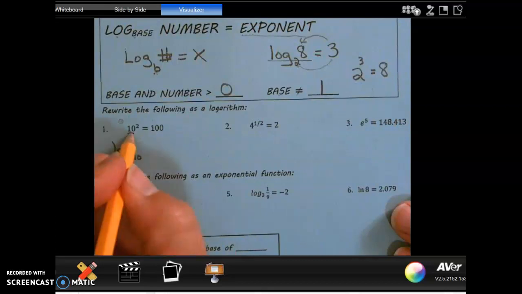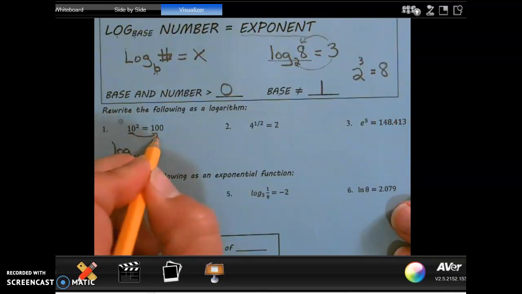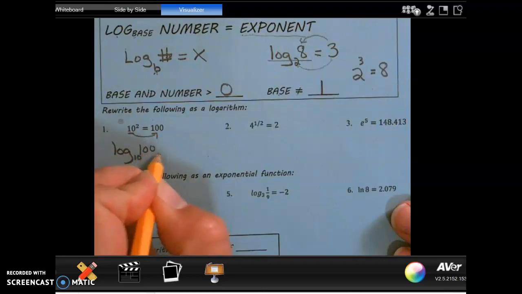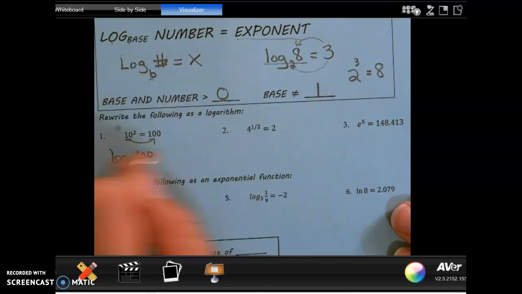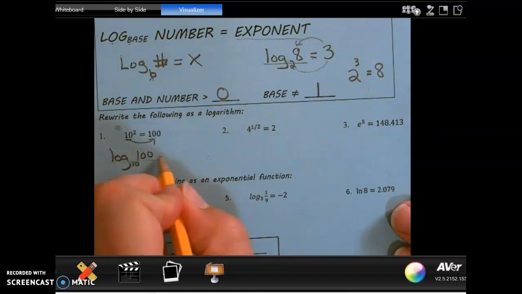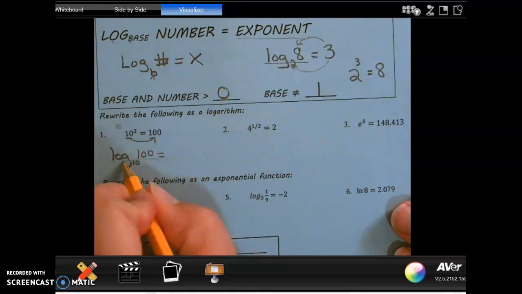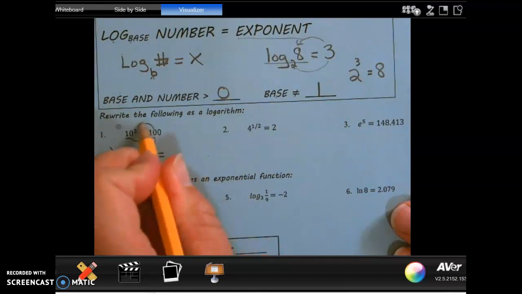Okay, and we're going to go around in that circle. Then the number is 100. Remember, that's on the same line as the log. Don't have to put that line there. Please don't, unless you need it real light. Equals, and a logarithm is equal to the exponent.